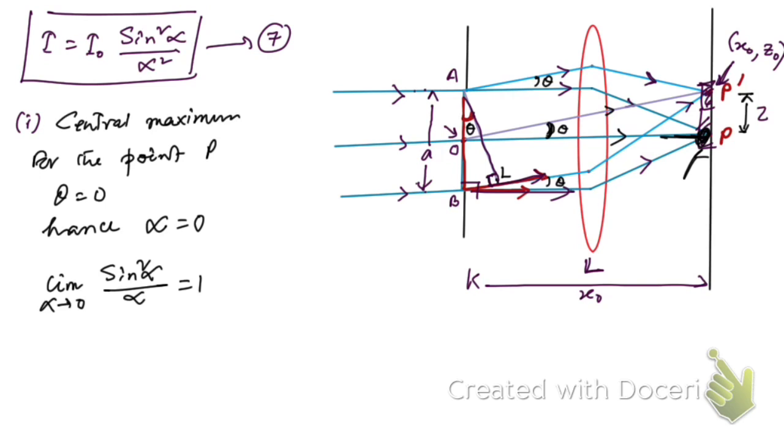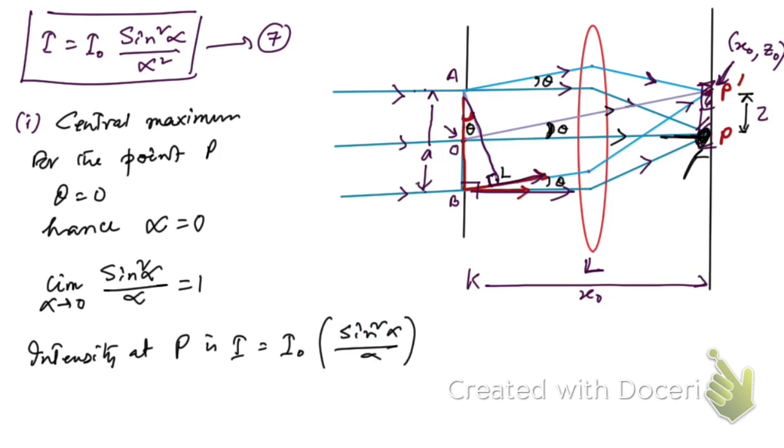So the intensity at P is I is equal to I naught, that is sine square alpha by alpha squared, that's going to be equal to I naught, because this part is going to be 1 for maximum value, for central maximum where theta becomes 0.